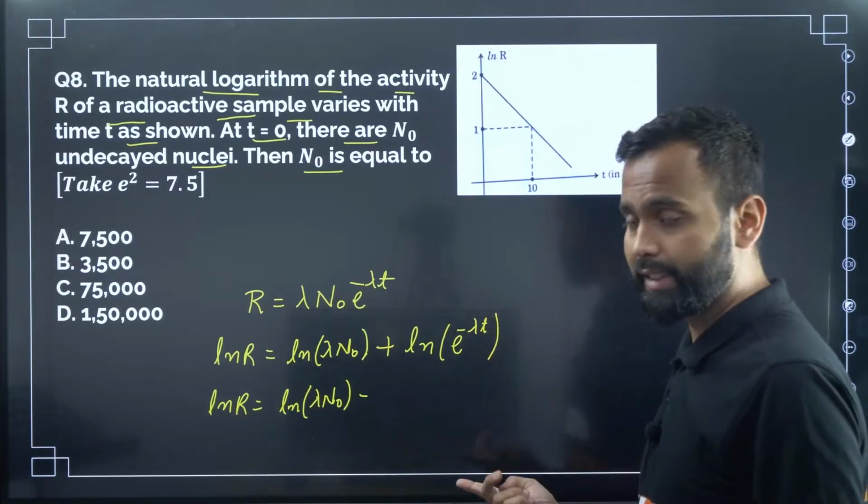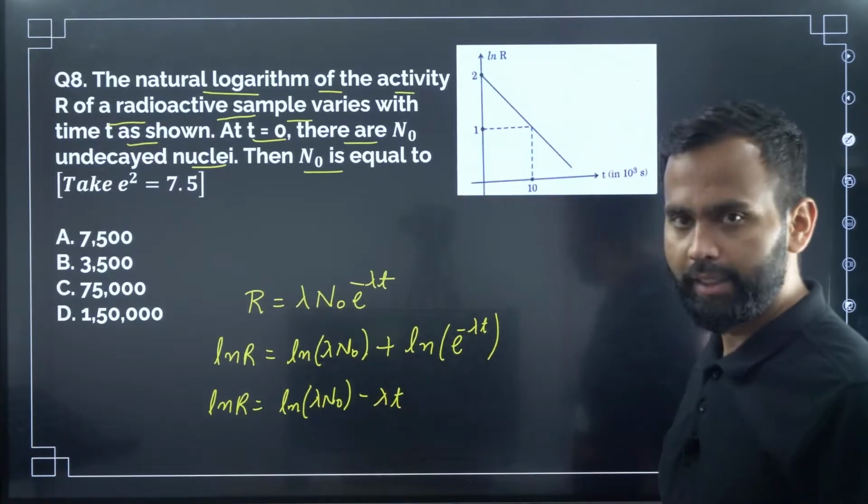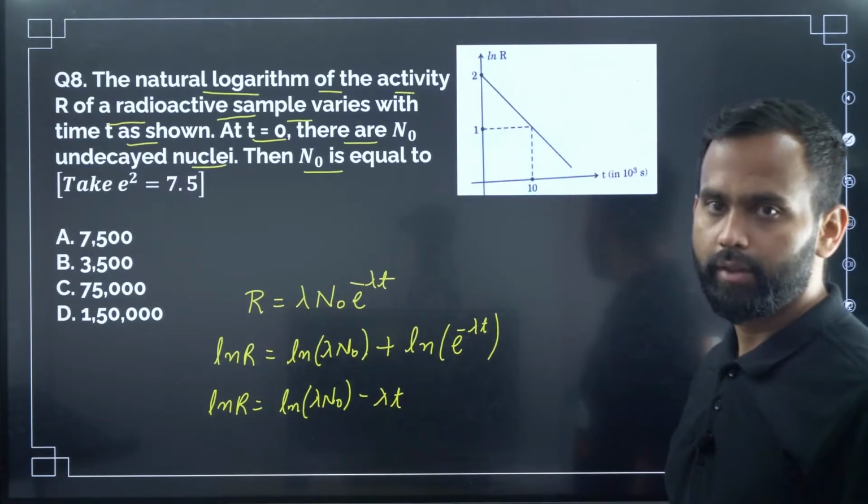Here x is minus lambda t, so minus lambda into t. So we got this equation.